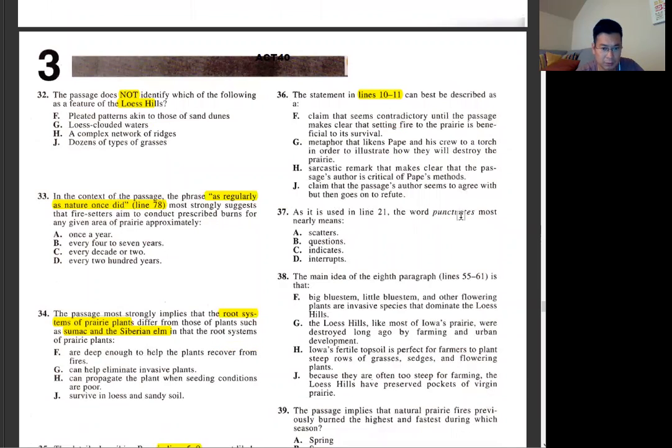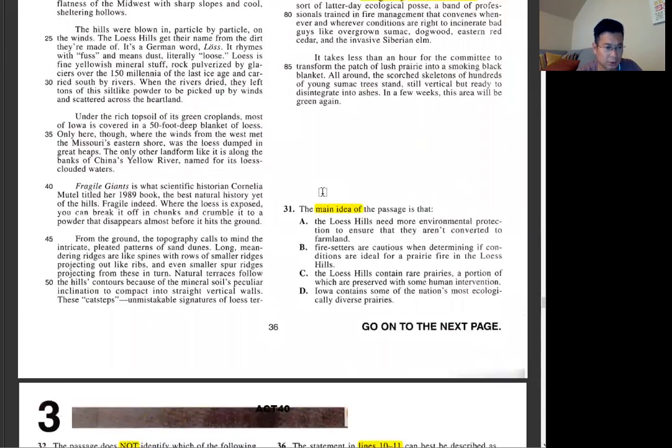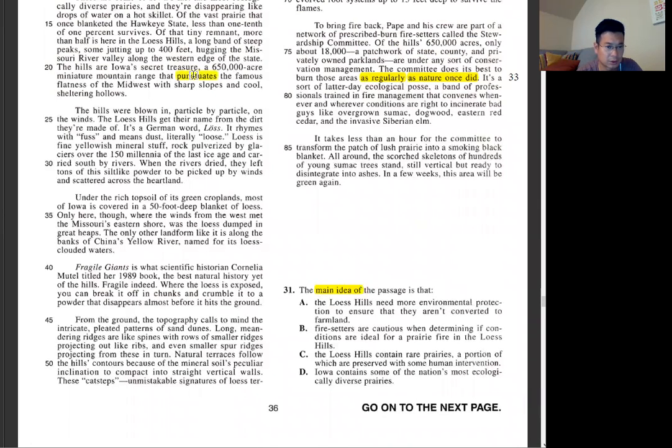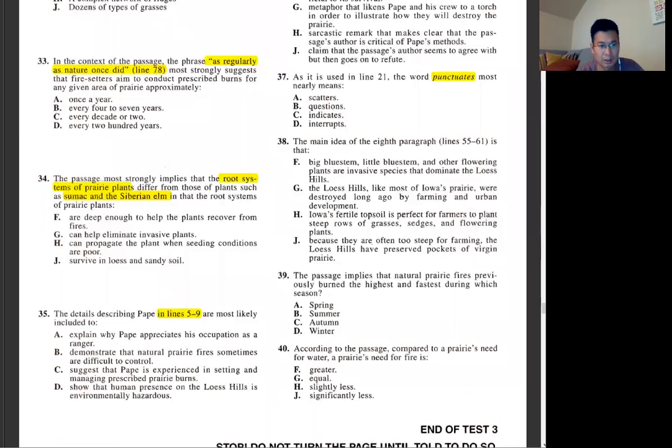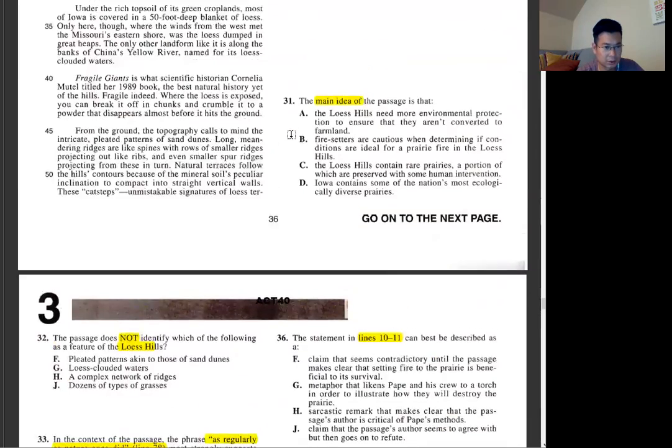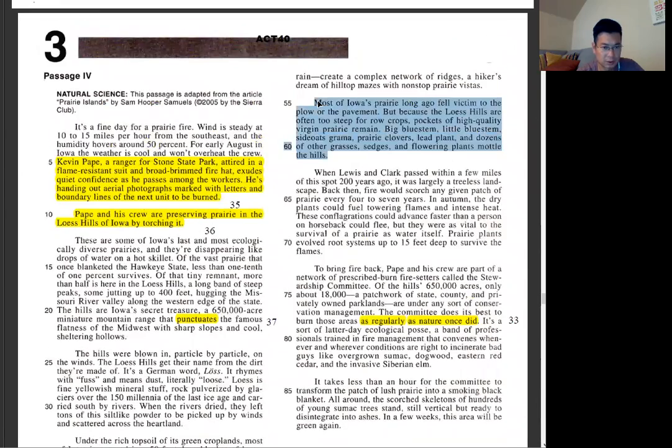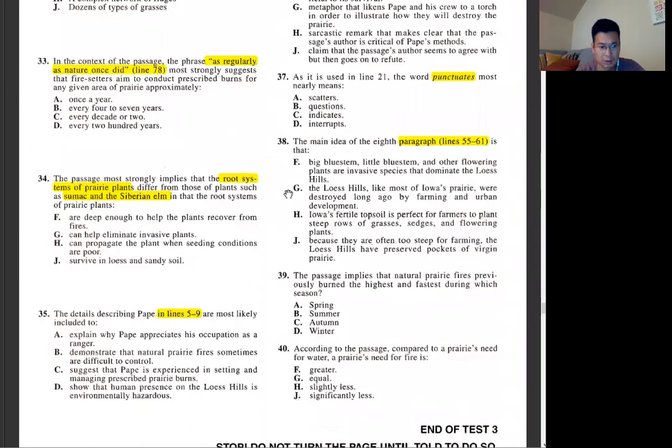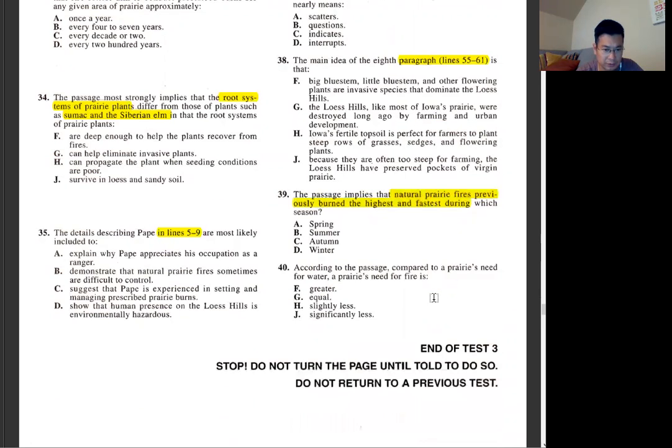And then 21, 37, and then 61. Implies natural prairie fires previously burned highest and fastest during which season.